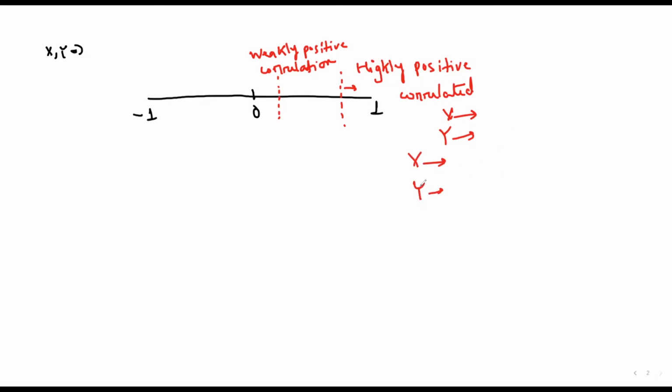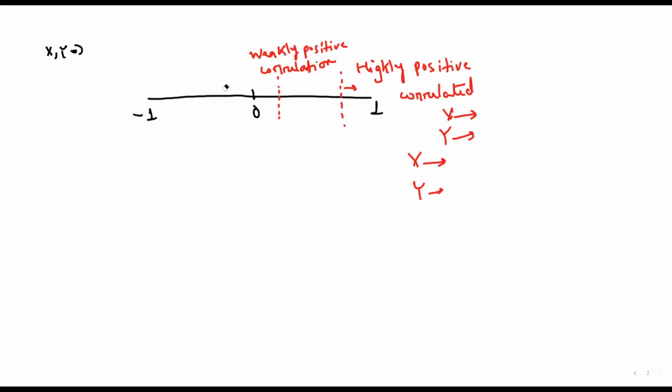For example, it can increase slowly. If I draw a graph, let's say these are the values of X, it may be like this. It's increasing, but slowly. Okay.